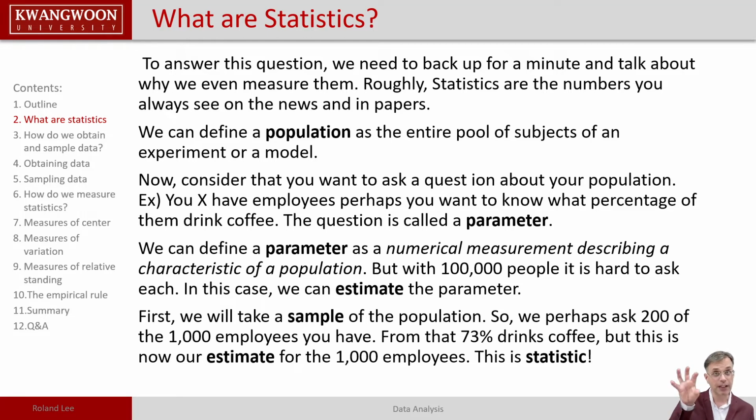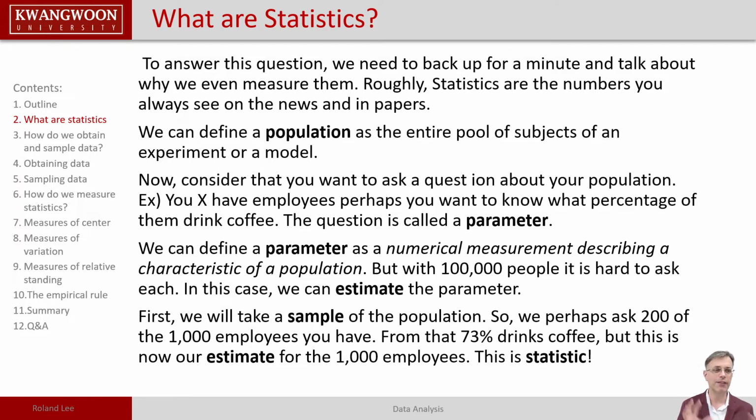Here, the 13% is not the parameter itself, because we don't get a chance to ask everyone. We can only estimate. So this 13% is an estimate of the parameter. My bad. Once again, the 13% is just the estimate of the parameter.